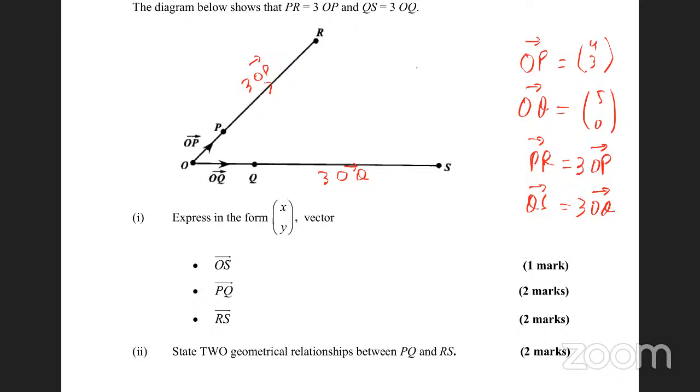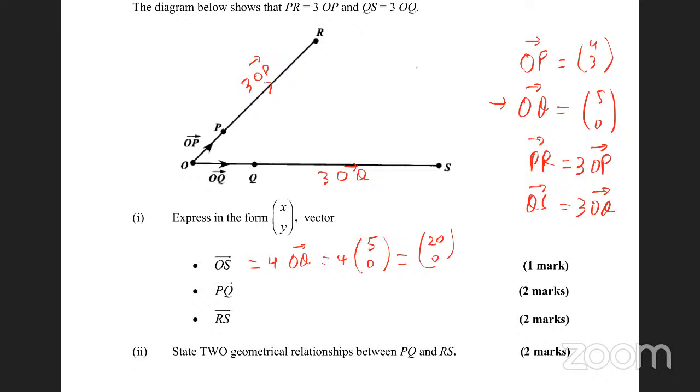What is OS? You all see the whole line OS? So OS is how much? 4OQ, right? So it's 4 by, what is OQ? They gave us OQ. OQ is (5, 0). So that'll be (20, 0). So we know OS.